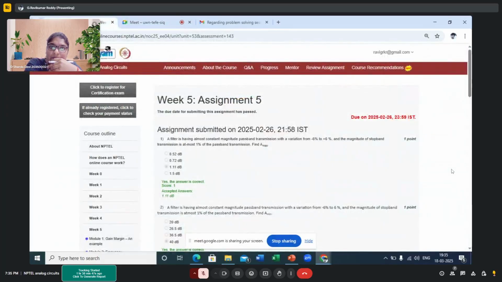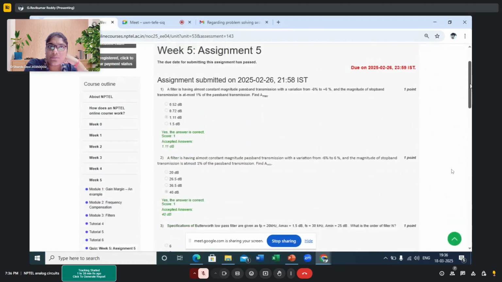No, please show me the constant magnitude passband. Is this filter discussed in lectures where they are taking reference from?